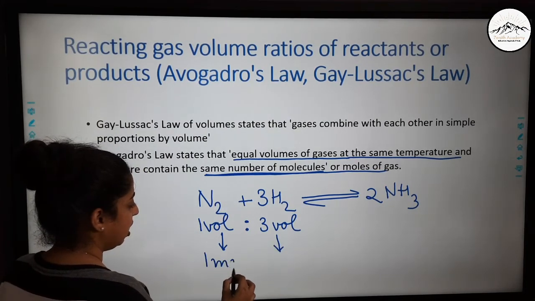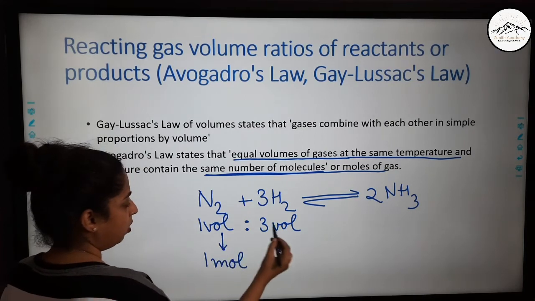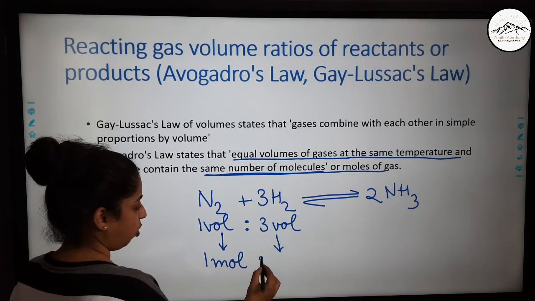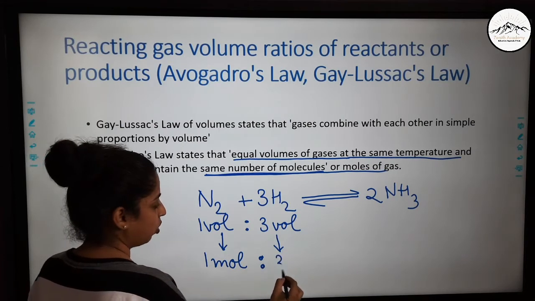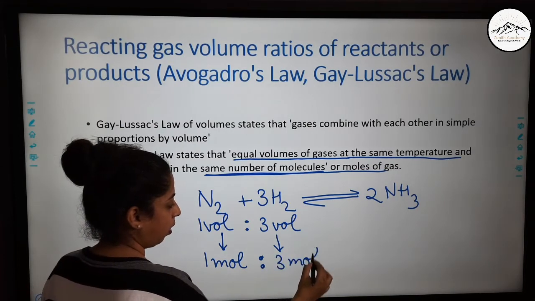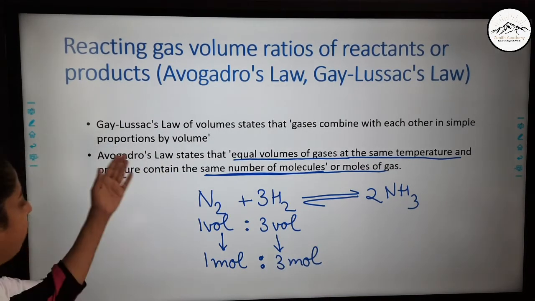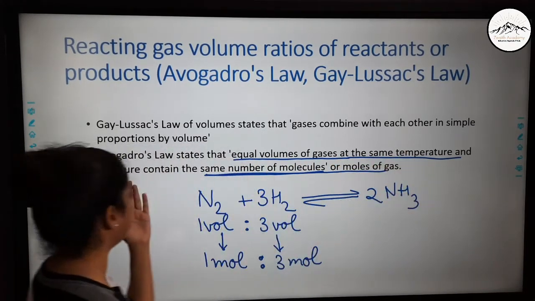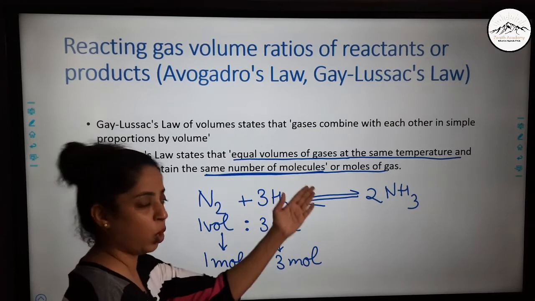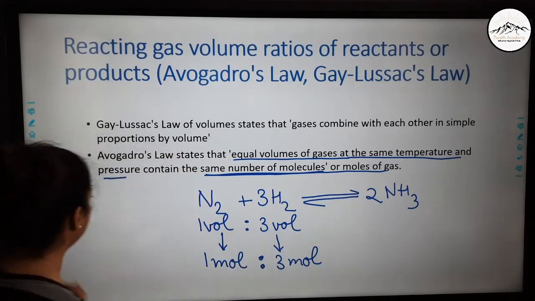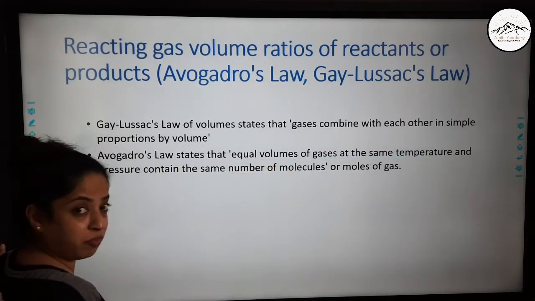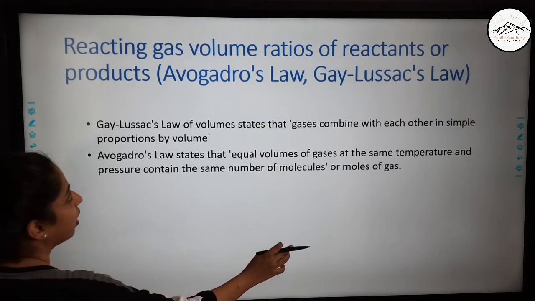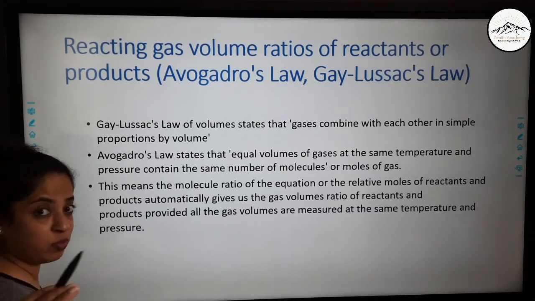So we can say 1 volume is to 3 volume is also equal to 1 mole is to 3 mole. Right? So Avogadro's law states that equal volumes of gas at the same temperature and pressure contain the same number of molecules or moles of gas. So we will use a combination of these two laws to arrive at the reacting gas volume ratios.